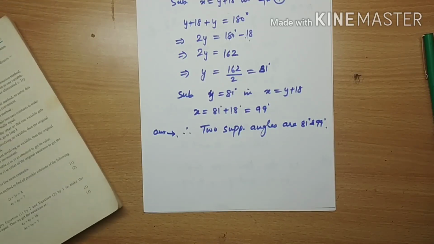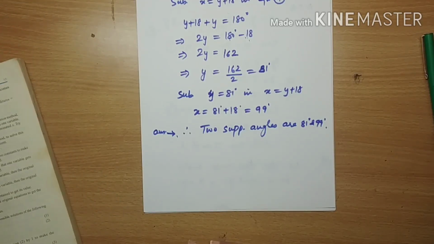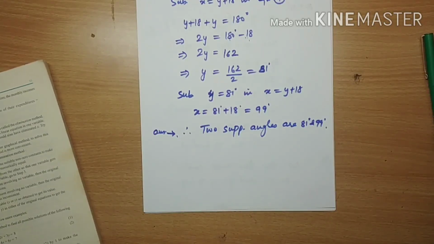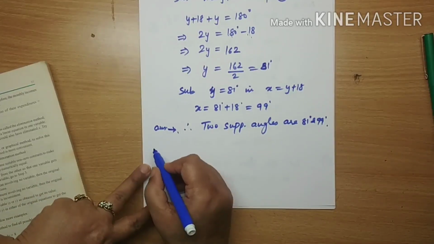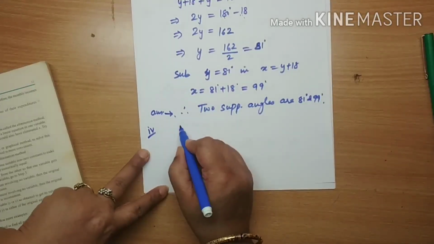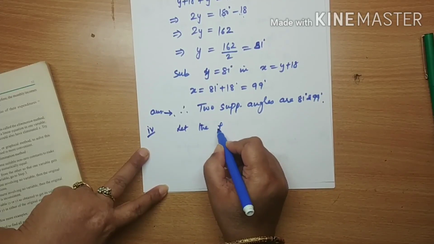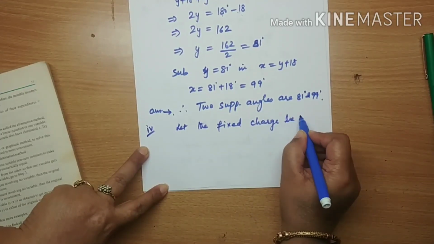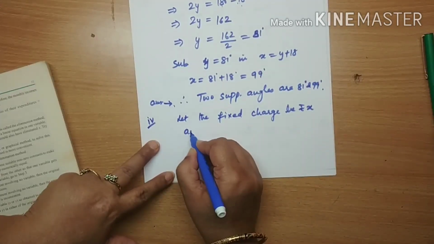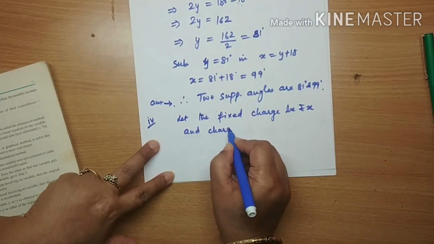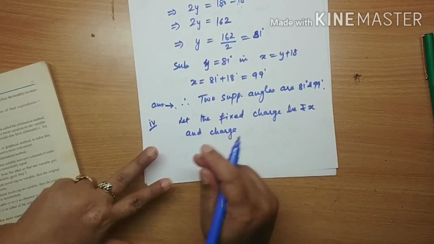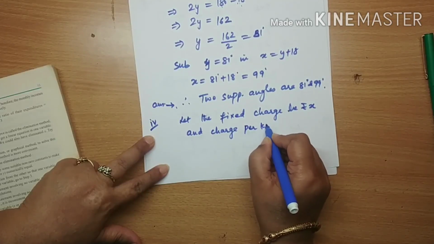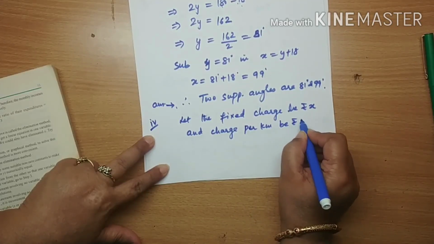Now in the fourth part he says the taxi charges in a city consist of a fixed charge together with the charge per kilometer. So we say let the fixed charge be rupees x and the charge per kilometer be rupees y.